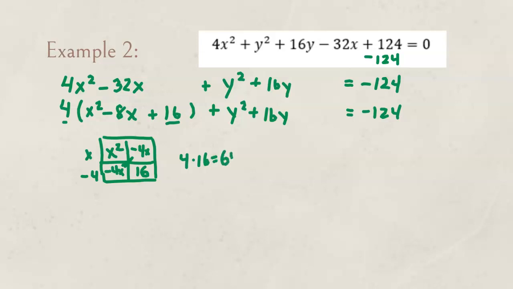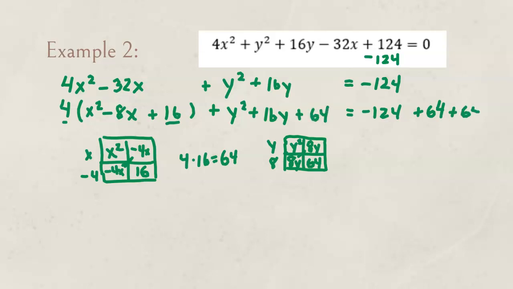So I'm really adding 64. And then on the other side, I don't have to worry about distributing out anything. So this would be y squared, and the 16 has to be evenly distributed, so it's going to be 8y and 8y. So this would be y and 8. So this corner, the missing piece is a 64. That means I'm adding 64 again.